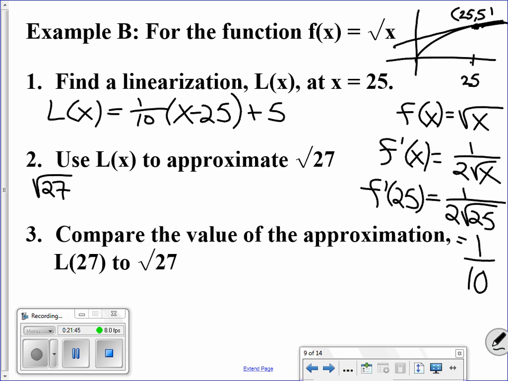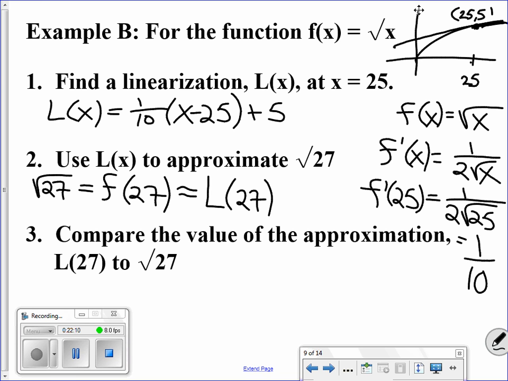If f of x equals the square root of x, then the square root of 27 is equal to f of 27. That's what the function does to it. And we're going to approximate f of 27. What are we going to approximate it with? L of 27.